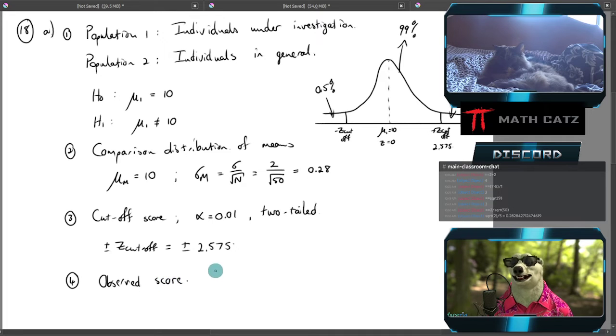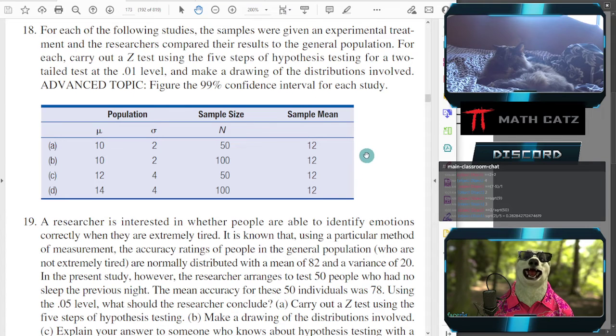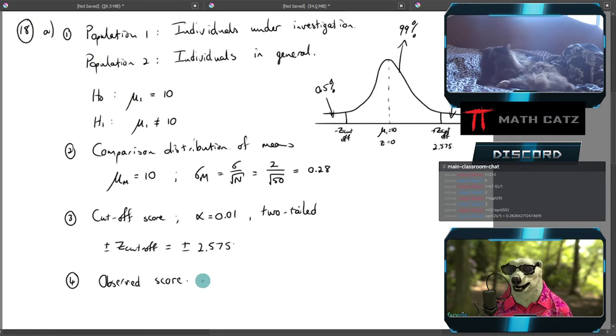And next, we want to see, well, what is our observed score in terms of z-scores? Everything is standardized. Well, what did we observe? Let's look at the question. In the question, we took a sample of 50 and we observed a sample mean of 12. So in that distribution, observed score minus comparison distribution mean over comparison distribution standard deviation is how we standardize it.